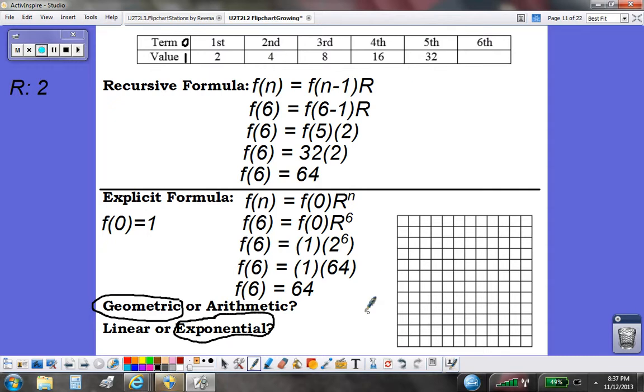If we were to look at it as a graph, here's what we would see: 0, 1. I'm going to see if I can make this bigger. 0, 1, 1, 2, 2, 4, 3, 8, and the rest will go off the chart.